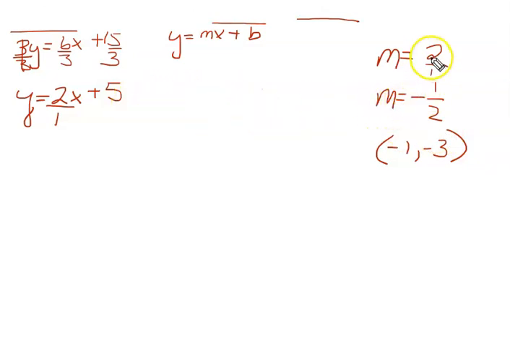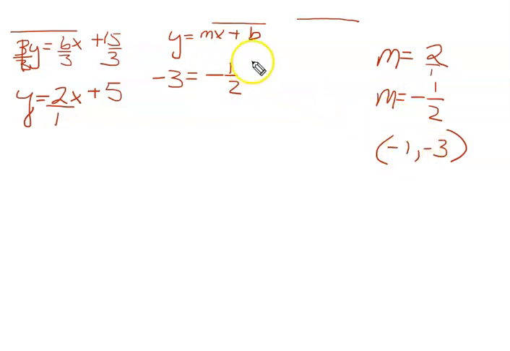And what would be the equation then of that line? Well, we're going to use this slope-intercept form and substitute these values, the slope and this x and y value. So the y is a -3. Our slope is a -1/2.